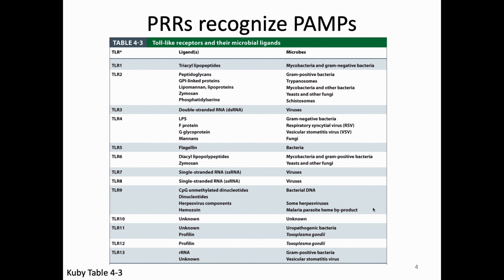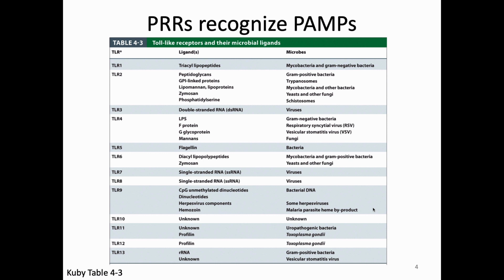The name has actually changed over time in the field. So originally, these were known as PAMPs. This table from your textbook gives you a list of some PRRs, or pattern recognition receptors, and the specific PAMPs that they recognize.